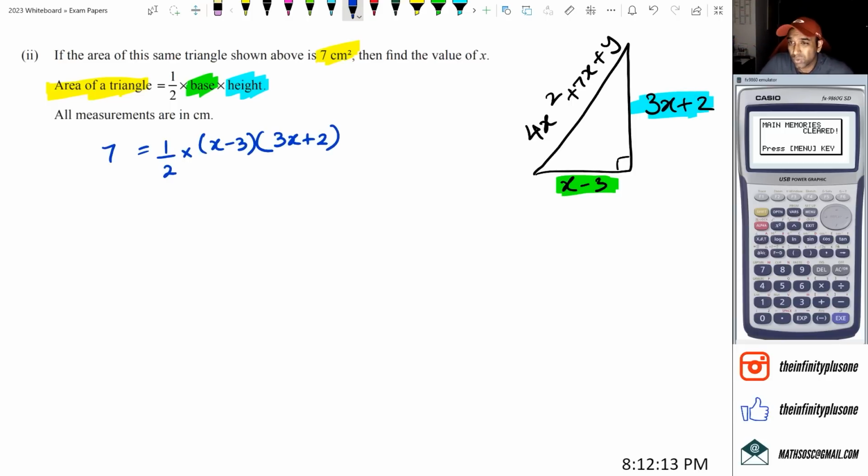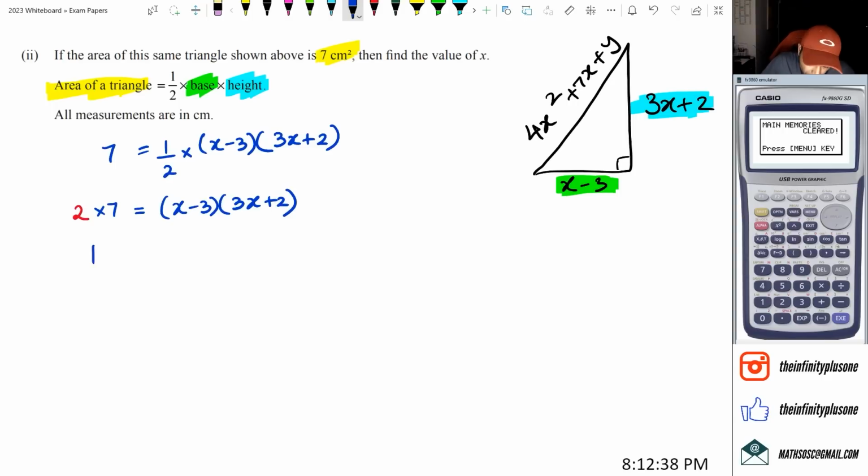Now once you do that, you've got to rearrange everything, get it to a quadratic equal to 0, and solve. The first thing I'm going to do is get rid of that 2 from the denominator and bring it across to the other side, which will make it 2 multiplied by 7. So I'm going to get 2 multiplied by 7, which equals x minus 3 and 3x plus 2.